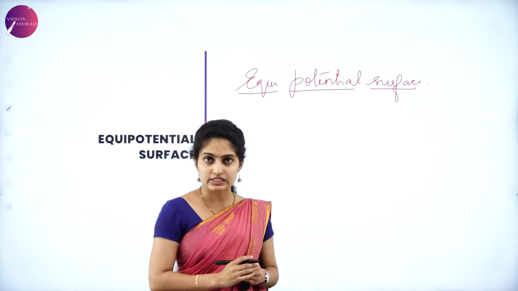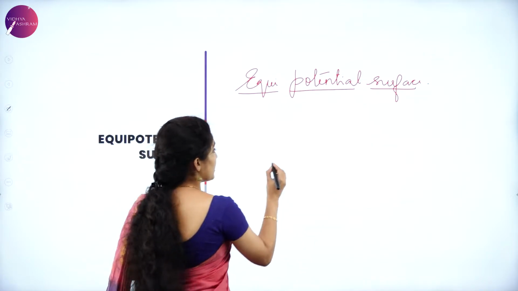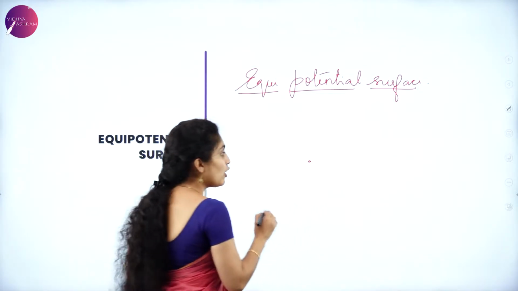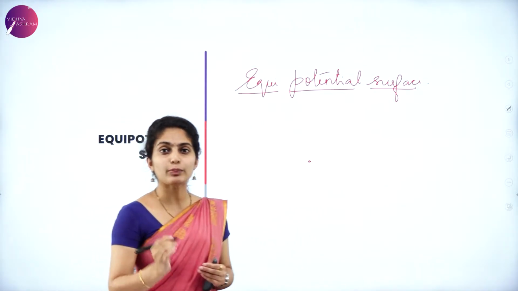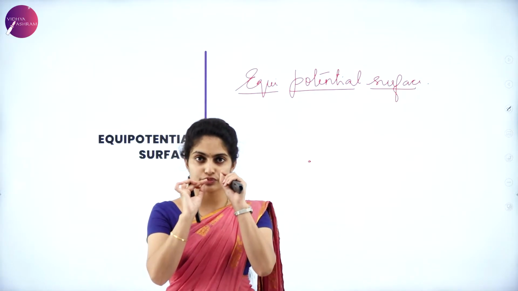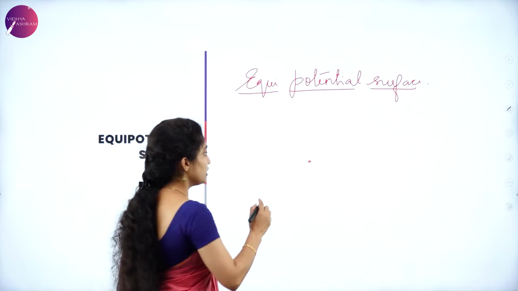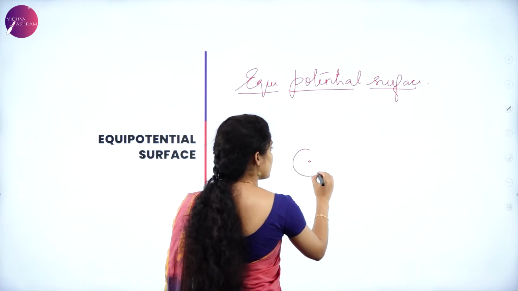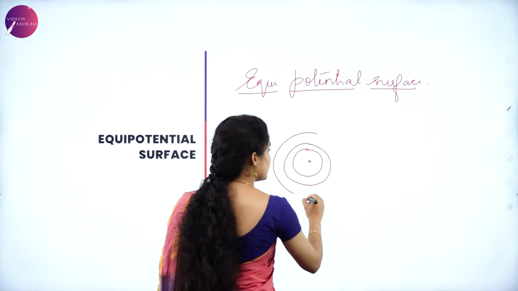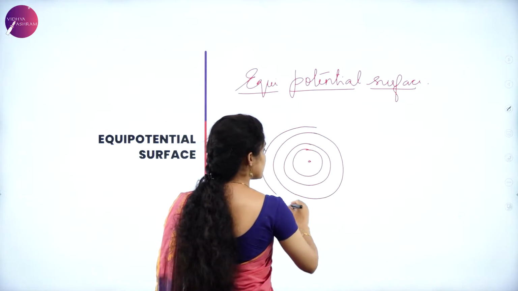Suppose if you consider a point charge, I'll just consider a point charge. So how will you give the equipotential surface to this point charge? Suppose if we have got a point, so the equipotential surface over this charge is represented by concentric circles.